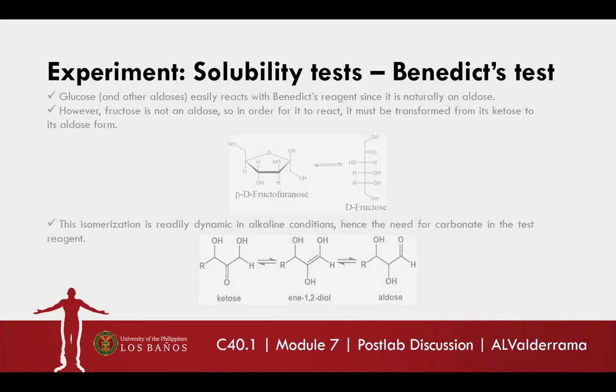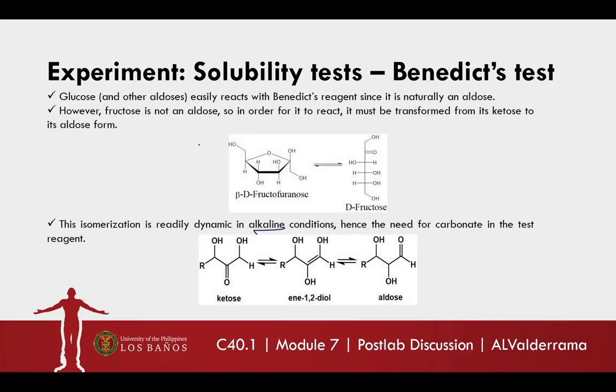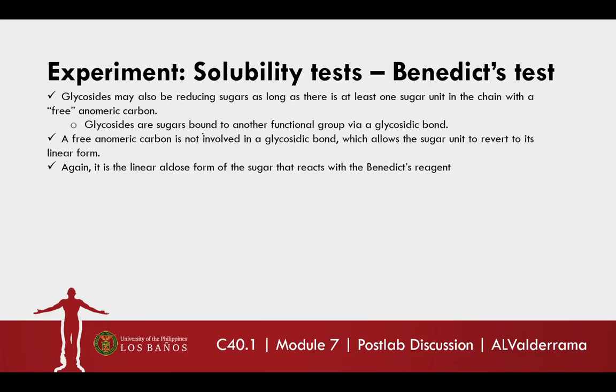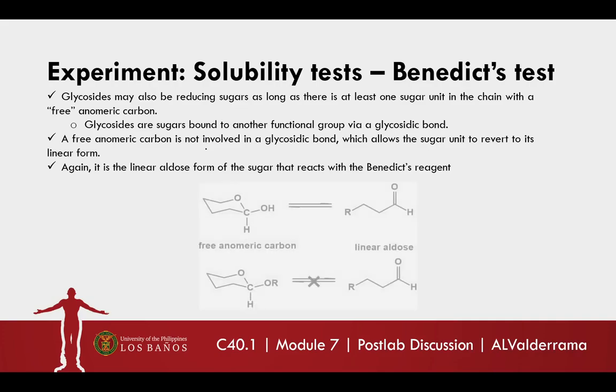So, ito, additional information na lang to para sa inyo. So, ang pinaka-importante lang na malaman nyo dito is ang Benedict's test ay test for reducing sugar. Okay? So, ang ating Benedict's test ay nagre-react lamang sa linear aldose form ng sugar.